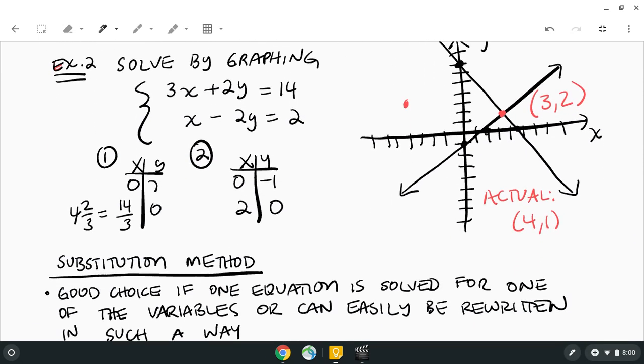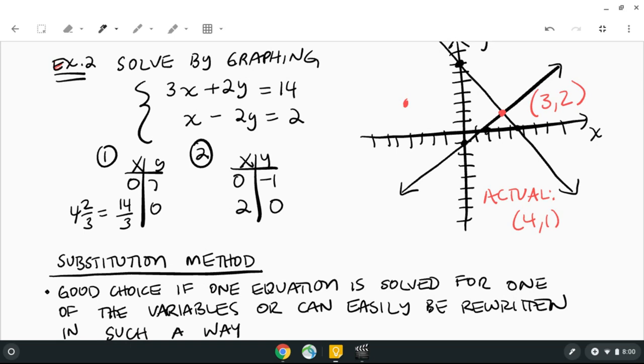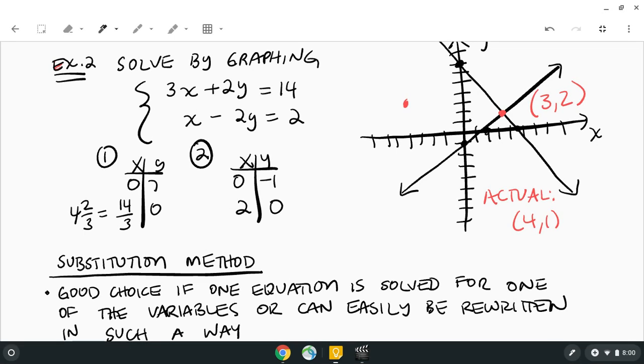And then same thing here, because they're written in standard form. I wouldn't use substitution method here. You could. You'd have to rewrite one of these, probably this one, so that it said x equals 2y plus 2. Okay. But to me, again, when they're written like that in standard form, I would just use elimination method.